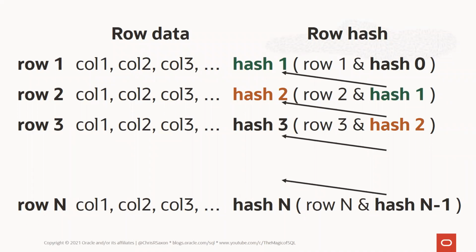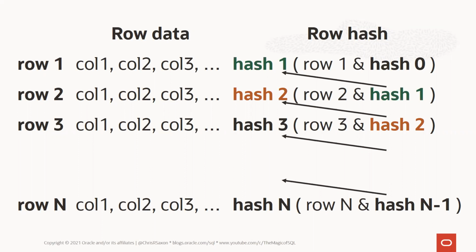If I try and edit row 2, not only is the hash for row 2 now out of sync, but in order to correct that, I also need to change the hash after it, and the hash after it, and the hash after it. So it's very easy to detect if someone has fiddled with or is trying to fiddle with the data, and it's very hard for an attacker to get in and actually change all the hashes in one go, because we have this chain linking things together.